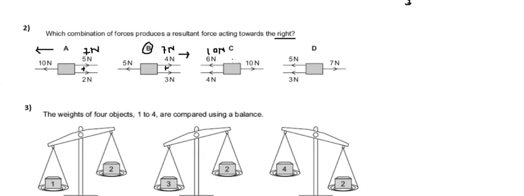So the resultant force will be 0, because they are equal and opposite. Here 5 plus 3 is 8 Newton in the left direction, and in the right direction it is 7. The left force is greater than the right, so it will also move towards the left. So option B is the only correct one.